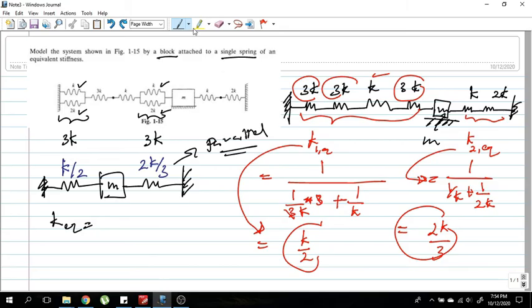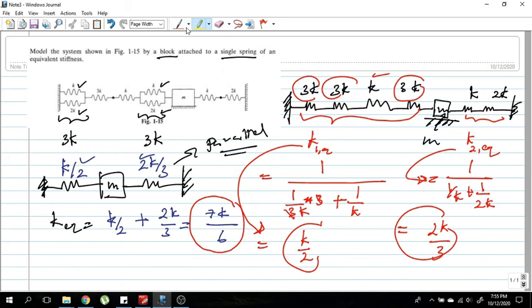We can find the equivalent stiffness by simply adding these two stiffness values, right? k over 2 plus 2k over 3, and now the equivalent stiffness value is 7k over 6.